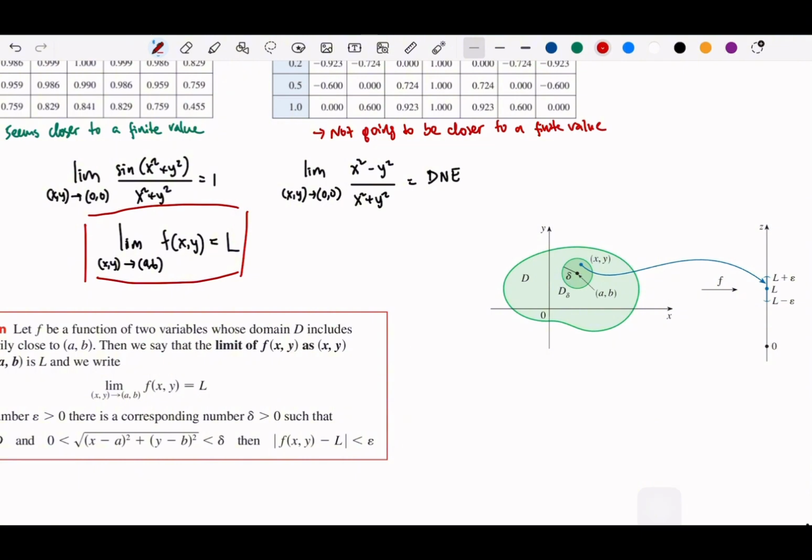We just connect this to our function here, and we need to find the relation between epsilon and delta. Delta is for our variables and epsilon is for our z's, I mean, the function.